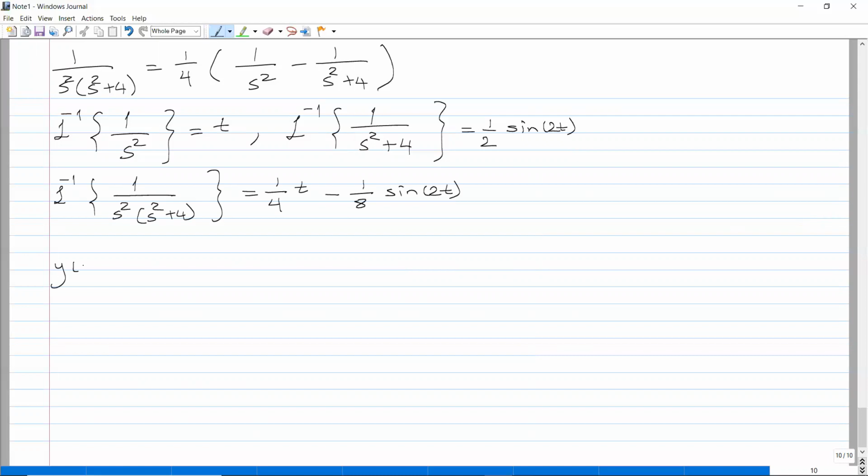And the solution is the inverse Laplace of, let's see, what was it?